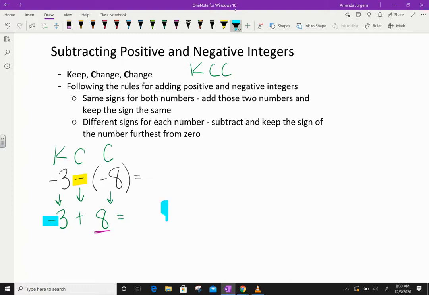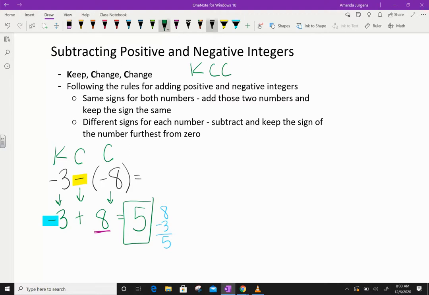I'm going to go ahead and take 8 minus 3, which gives me 5. So I know 5 is part of my answer here. And then I have to determine which number is further from 0, 8 or -3. 8 is further from 0 in this case, and since 8 is positive, my answer is going to stay positive. So our answer is a +5.